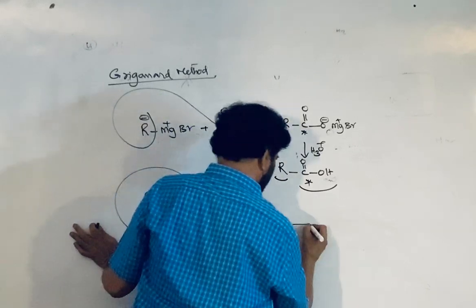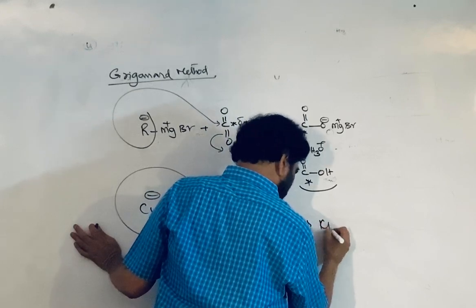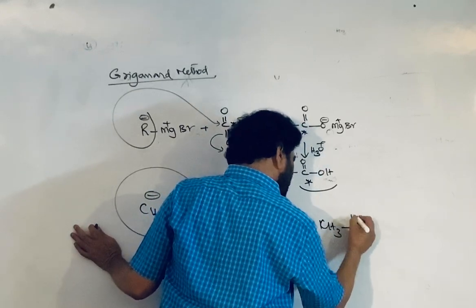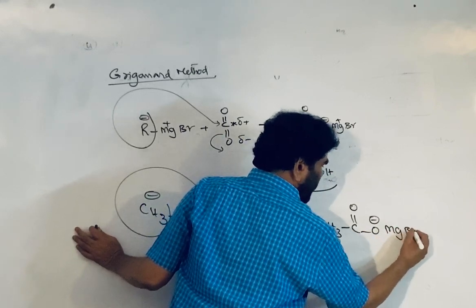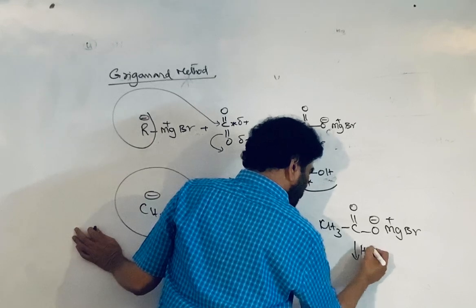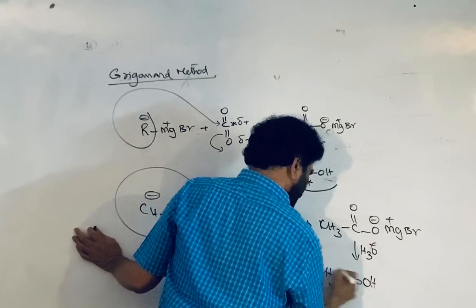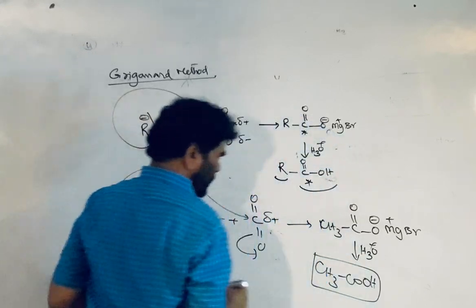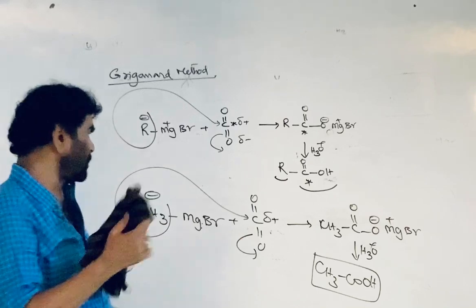I told you the reason why it attacks only the carbon. You get CH3 C double bond O minus MgBr, which on acidification gives CH3 COOH, that is, acetic acid, a carboxylic acid, is produced.